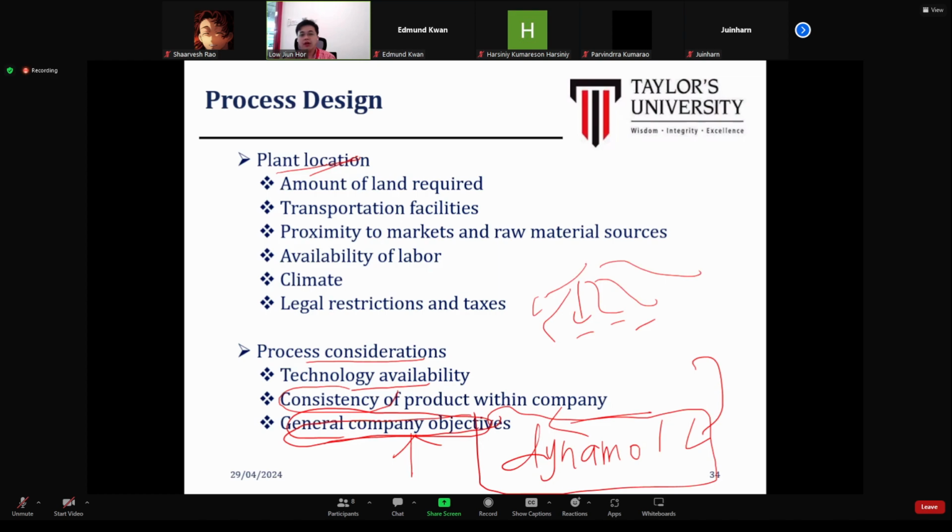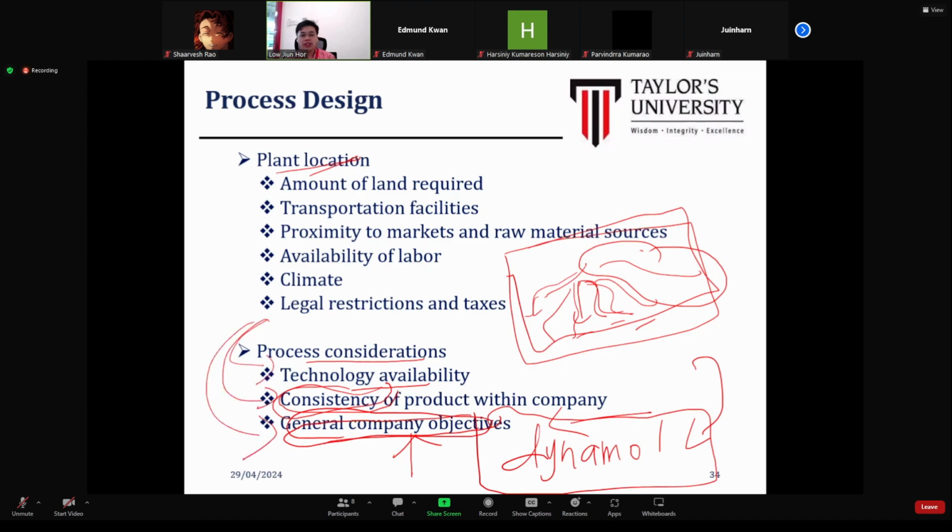Normally they will plan the production line that produces the product, and something irrelevant to the mission and vision of the company, you are trying to disturb or influence the consistency of the product that is going to be produced in your company. Okay, so these are the processes that you are going to consider.